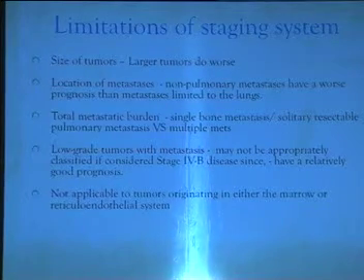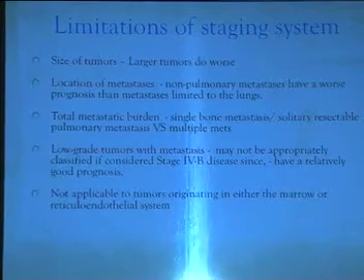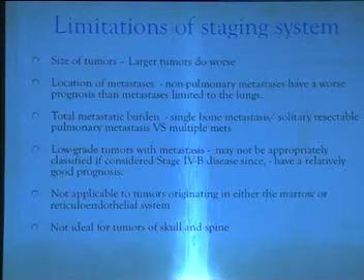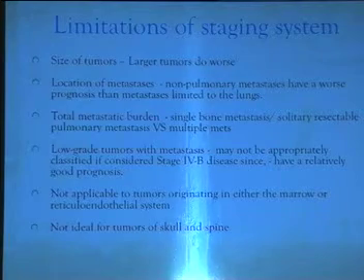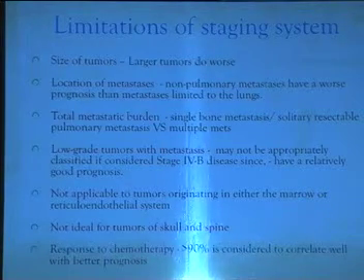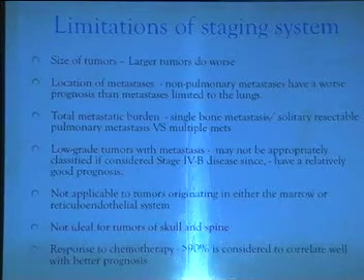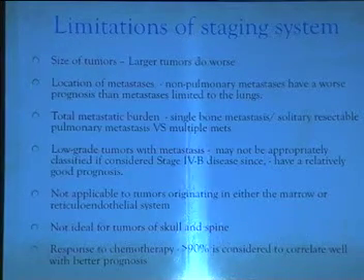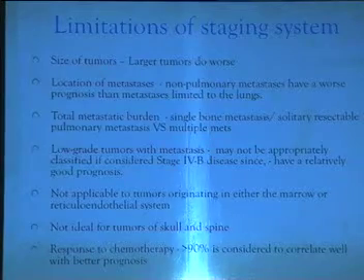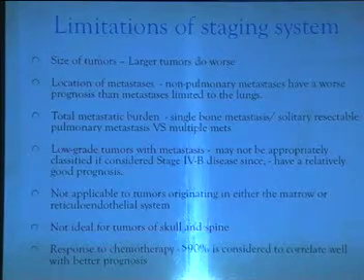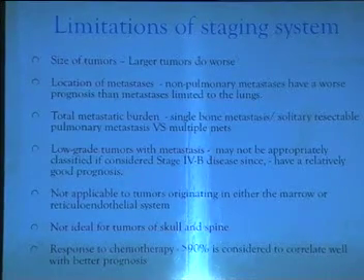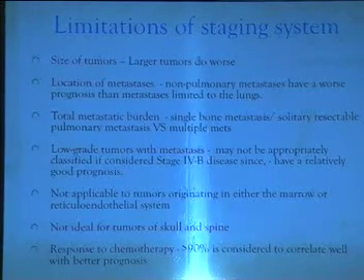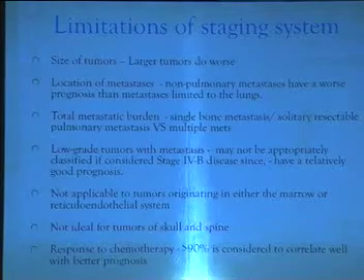This classification system is not applicable for the tumors which originate in the marrow and reticuloendothelial system, and of course not ideal for the tumors of the skull and spine, because the anatomical barriers are not the same. Last but not least, these systems do not include the prognosis depending upon the adjuvants used in the treatment. We all know that the patients who respond better to chemotherapy have a fairer survival as compared to the patients who do not, and that has also not been included.